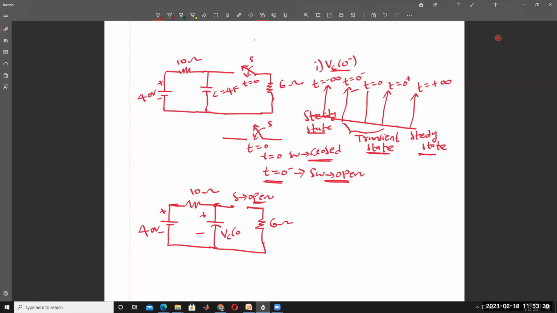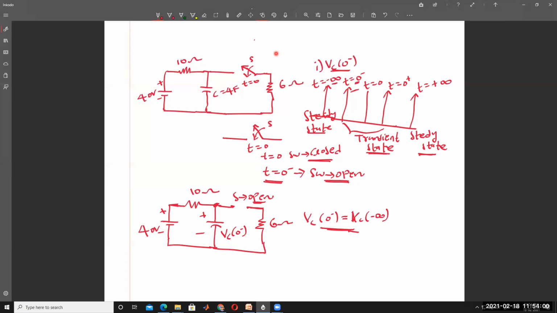VC of 0 minus is equal to VC of minus infinity also, because the switch is open at t = 0 minus and also at t = minus infinity. So under steady state condition, what is the position of the circuit? Same as at t = 0 minus. At t = 0 minus, what is the position of the switch?